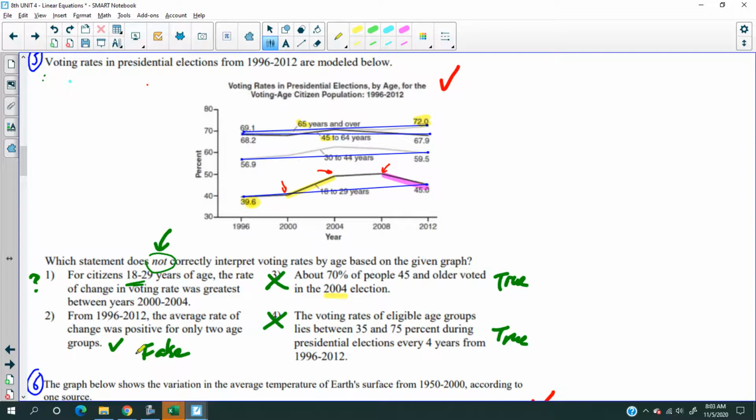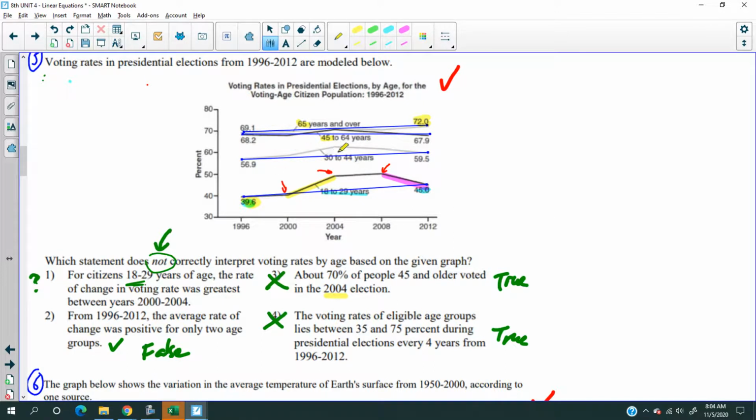So, okay, what I did was this, all right? I actually just drew very thin blue lines just to see if it's going up and going down. Now, in retrospect, I didn't have to do that. Why? Because the numbers at the beginning and end are actually given. So for the 18 to 29-year-olds, the numbers went up, from this to this.